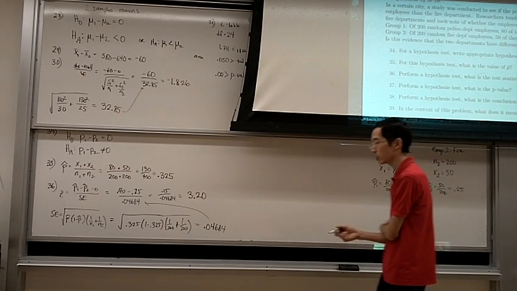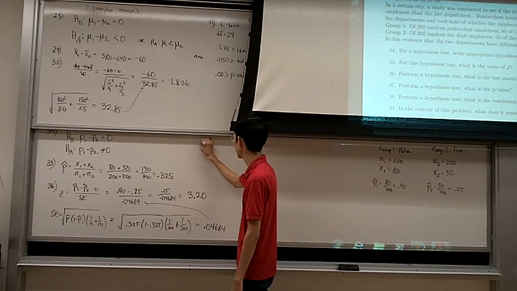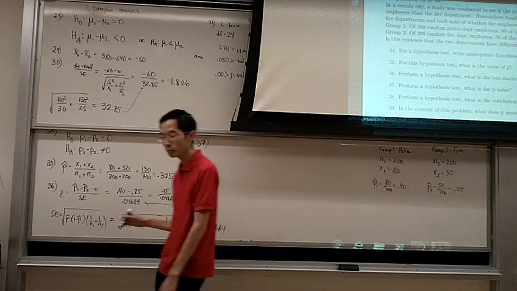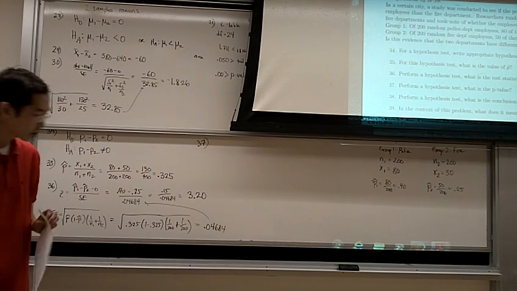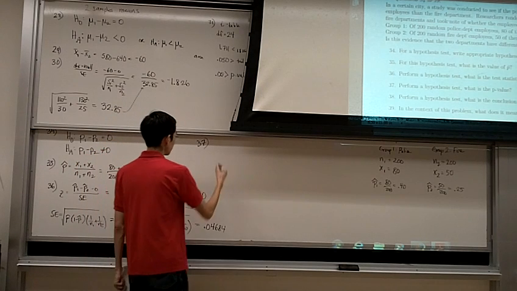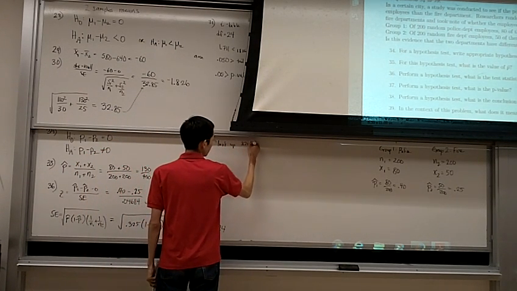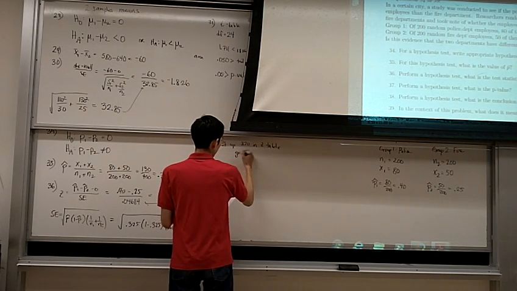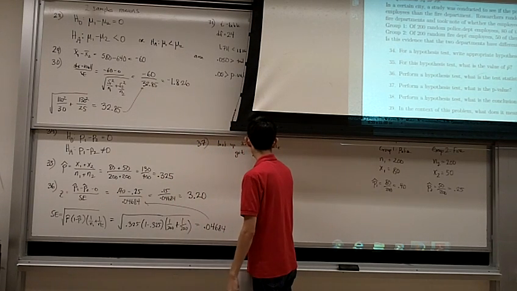What do I do to get my p-value? My z-score is 3.20, so I look up 3.20 in the z-table, and we get 0.9993.